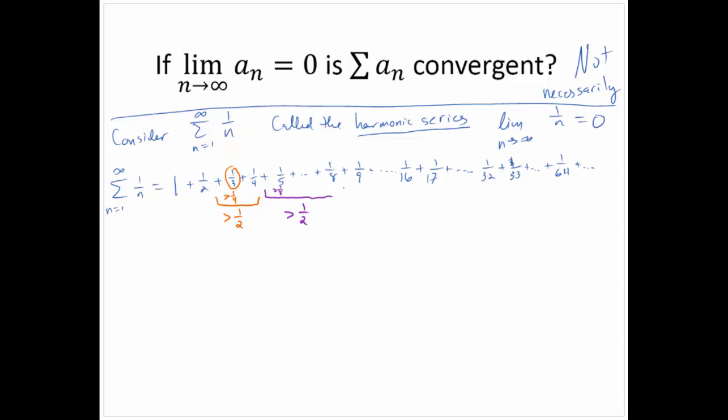Let's look at the next grouping: 1/9, 10th, 11th, 12th, 13th, 14th, 15th. Each of those numbers is greater than 1/16, and there will be 8 of them, and so collectively those are greater than 1/2. Then 17th through 31st: each of those numbers, 1/17th, is greater than 1/32, and there will be 16 of them, and so collectively those numbers are greater than 1/2.